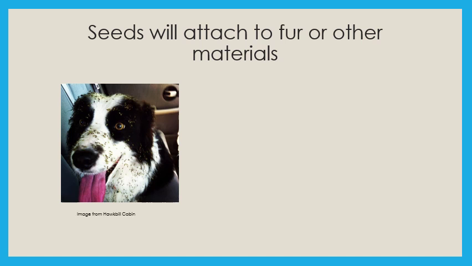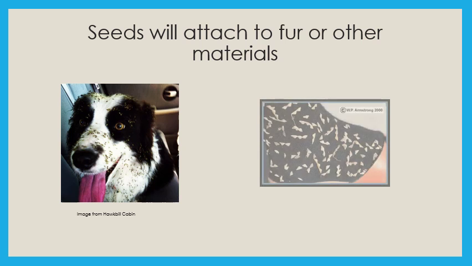This dog is going to be running through everywhere, and some of those seeds are going to get brushed off. Some of those seeds the dog is going to pick off on his own because they're frustrating him. And then when the dog's owner sees them, he's going to pick off those extra seeds as well. So those seeds are moving from the original plant to somewhere else by this cute little puppy dog.